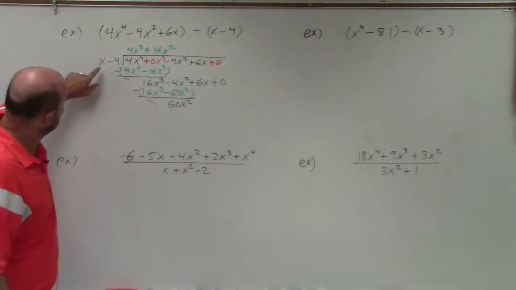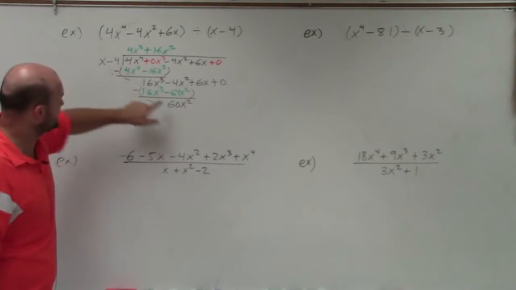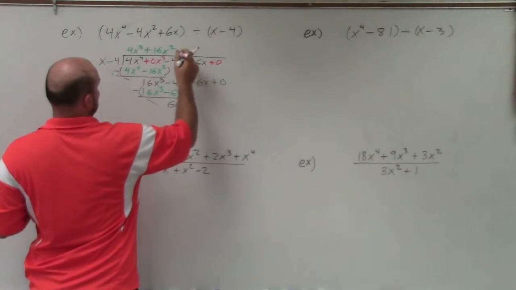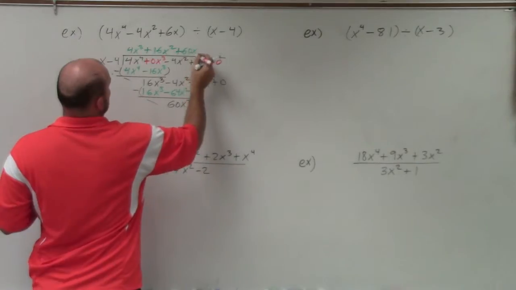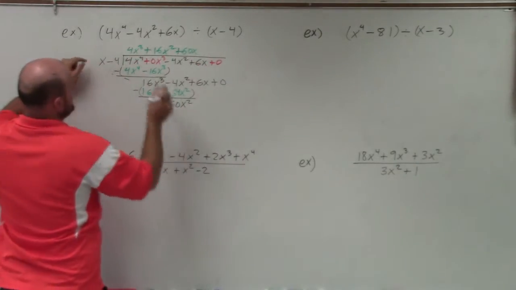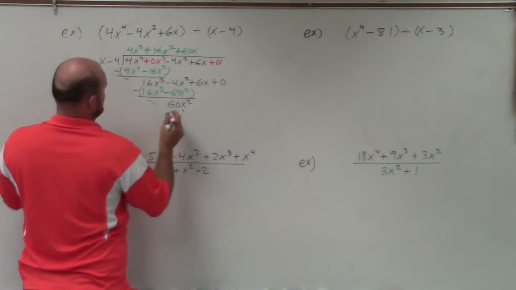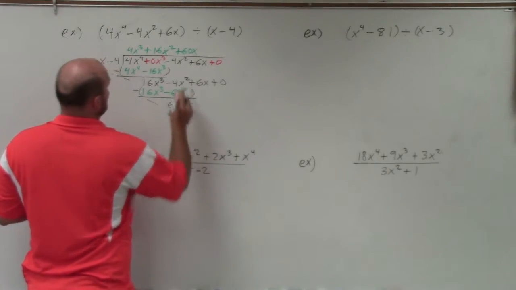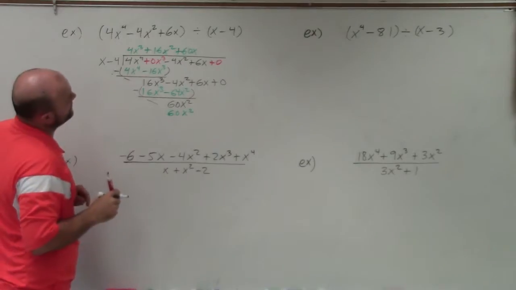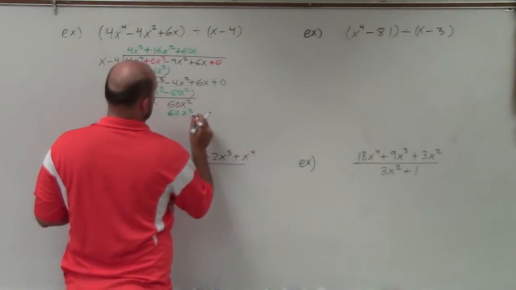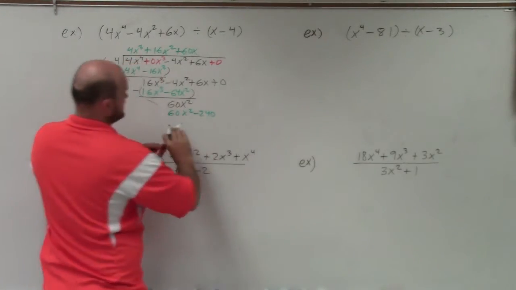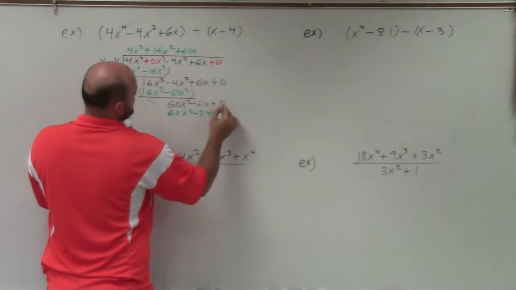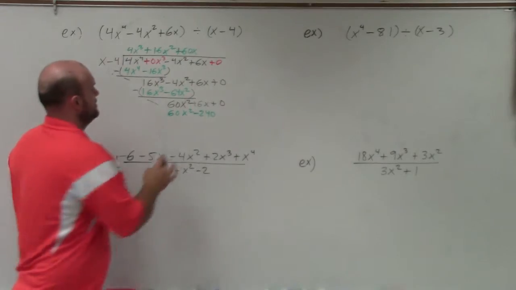Again, keep on working, always dividing with our x. X divides into 60x squared. That's going to give me a positive 60x. 60x times x is going to give me 60x squared. And 60x times negative 4 gives me negative 240. I got lazy. I forgot to bring these down. Not really bringing them down, but I'm actually subtracting them from 0. So that's a plus.